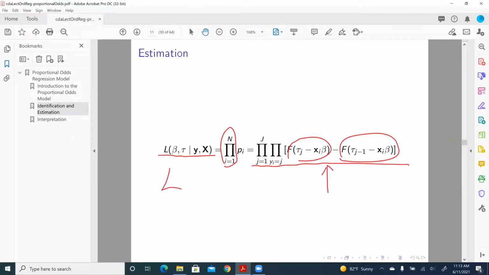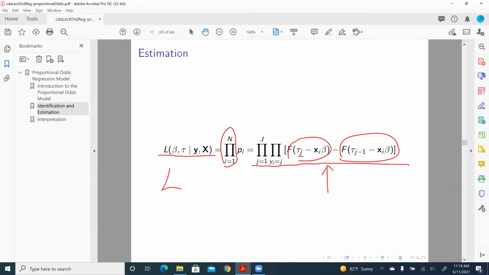And this likelihood function, because it is a product, mathematically it is intractable, or it is not very easy to deal with. So what we're going to do is take a natural log of this likelihood. Well, that turns into a log likelihood function. And next step is to apply a numerical method in maximum likelihood estimation and find maximum likelihood estimates of these taus.